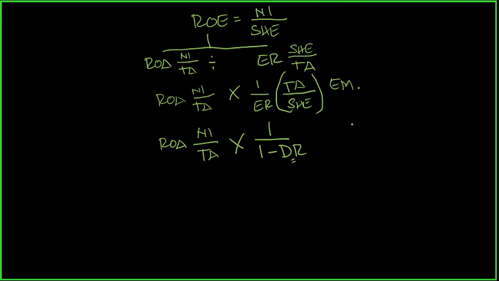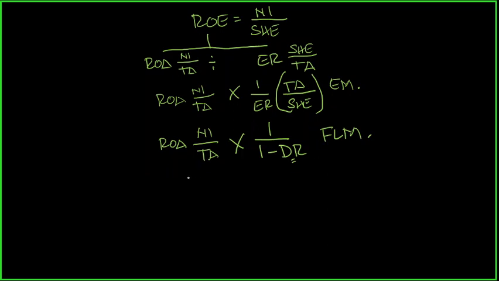And pag nandyan na yung debt ratio, kaya ang tawag na natin dito ay financial leverage multiplier. Okay, so they are all the same. Now as you can see, your return on equity is now a ratio of asset efficiency, hindi pala asset efficiency, profitability and leverage.